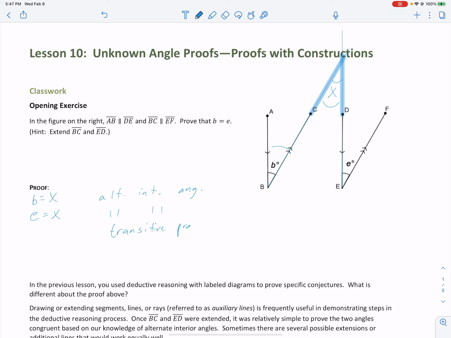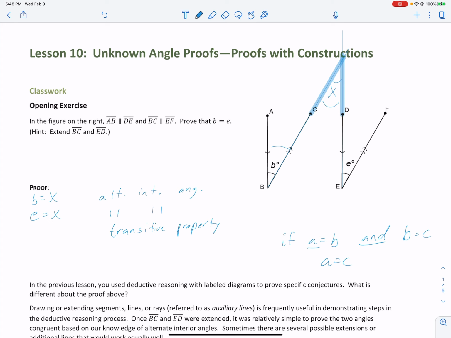Transitive property: if A equals B and C equals B, right, then that means that, going back on this one, if A equals B and B equals C, then A equals C. Okay, now it's written correctly.